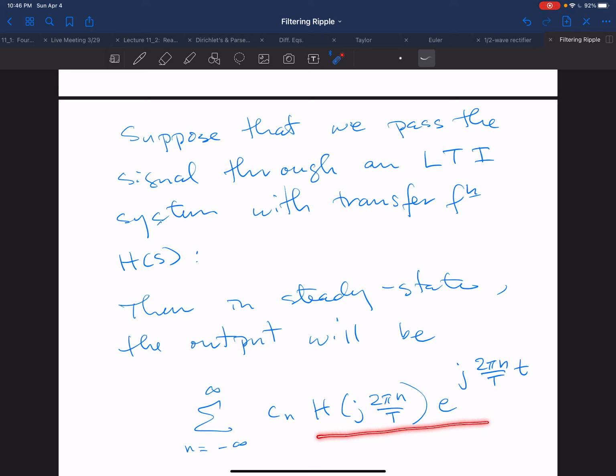If we find all these responses to the respective complex sinusoids, by linearity, their sum will be the overall response of our filter to the output of the rectifier.